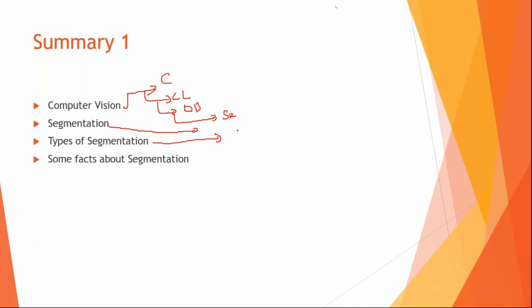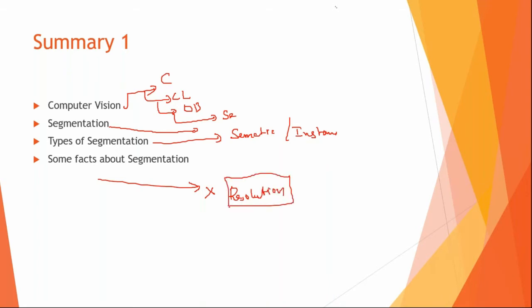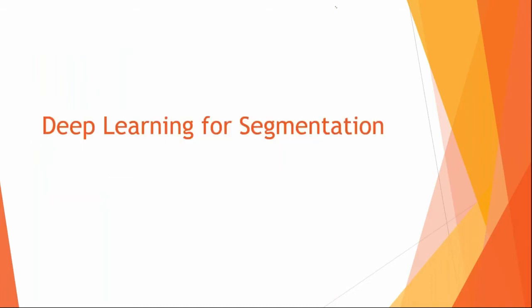Types of segmentation: semantic segmentation as well as instance segmentation, and some facts about segmentation. One of the important factors is the resolution, which is expected to be the same size as the input. Okay. So keeping that in mind, we'll go to the next topic, deep learning for segmentation.